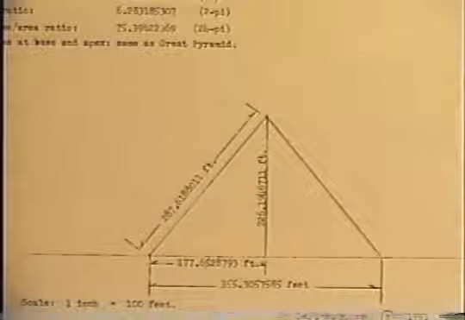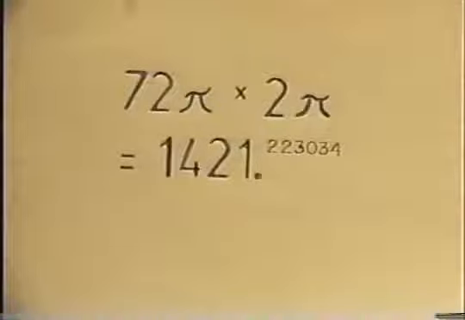The Egyptologists don't know it yet, and I dare say they will not care to, but the Mycerinus was a true miniature of the Great Pyramid, another 3D model of pi and double pi, which means that when we multiply its 72 pi height by double pi, it will become the length of its perimeter baseline. 1,421.223 feet. 12-inch feet.